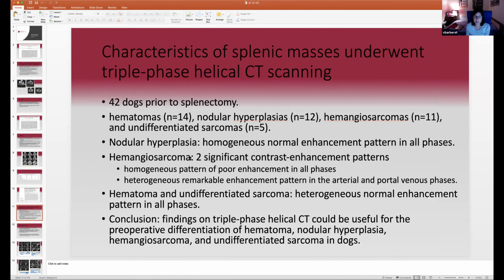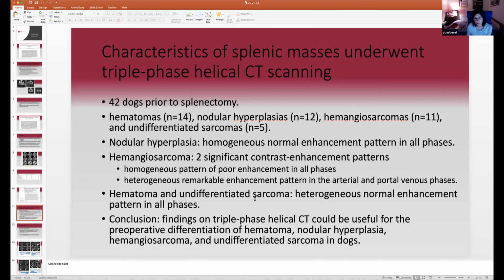sorry, where was I? Then the hemangiosarcoma, they had two different types of contrast pattern. One was a homogeneous poor enhancement, so basically with a large cavity, and some had also a heterogeneous remarkable enhancement pattern in the arterial and portal venous phase. So I will show you some examples of that as well.